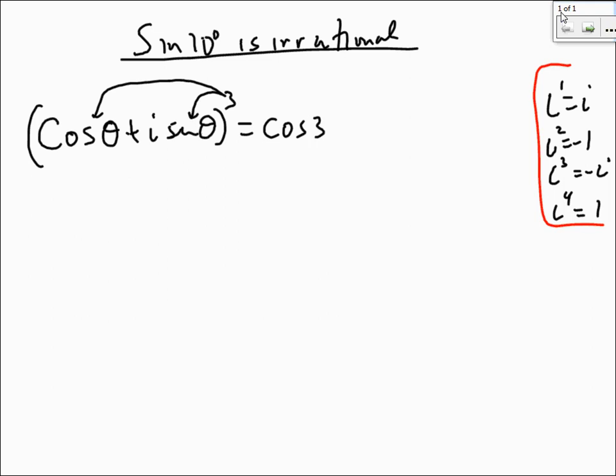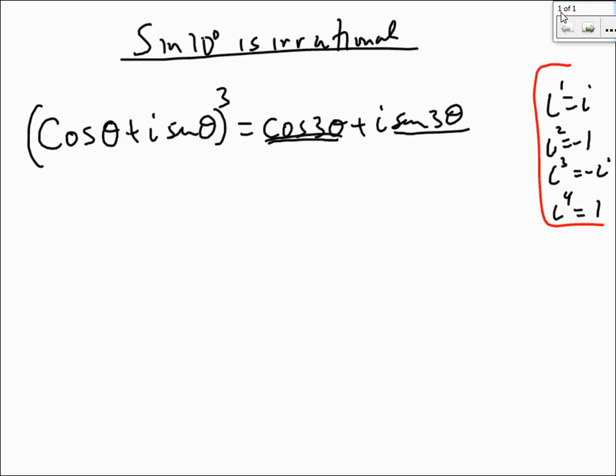This is the cosine of 3 theta plus i times the sine of 3 theta. So the plan is the left side we're going to multiply out, and then we'll equate the real part to cosine of 3 theta and the imaginary part to sine of 3 theta.